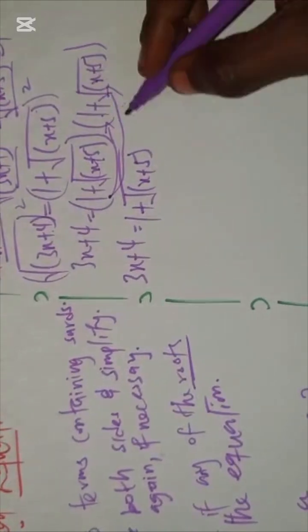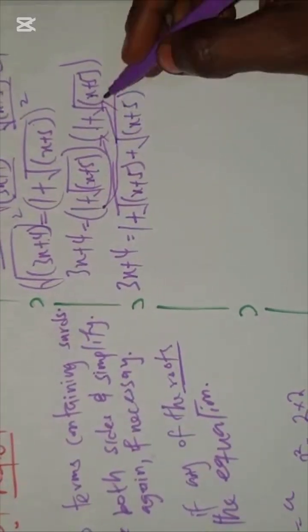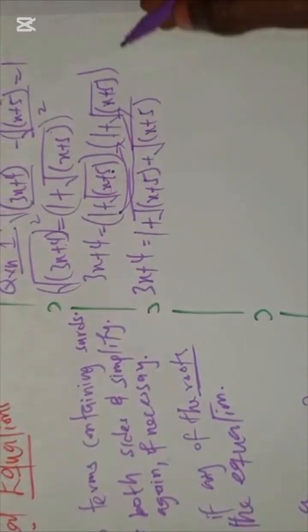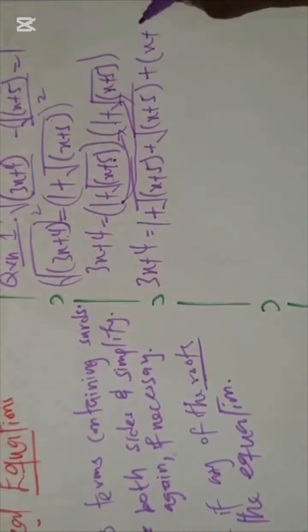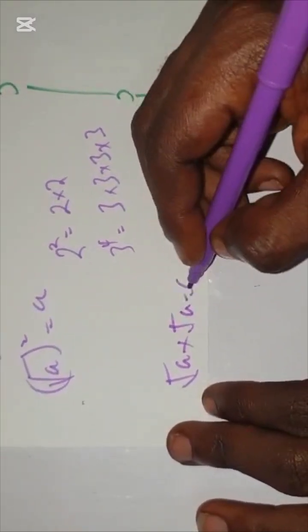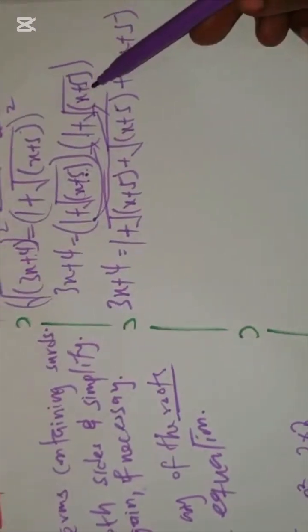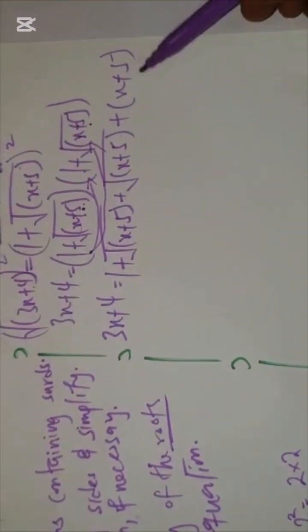Root of x plus 5 times 1 gives root of x plus 5. And root of x plus 5 times root of x plus 5 gives x plus 5. Why? Our first rule states that root of a times root of a gives a. So root of x plus 5 times root of x plus 5 gives x plus 5.